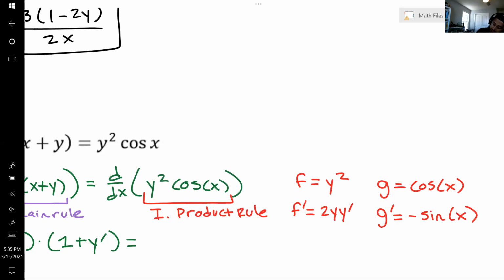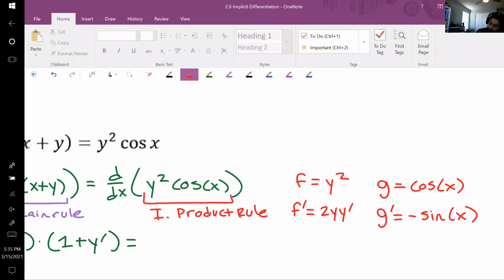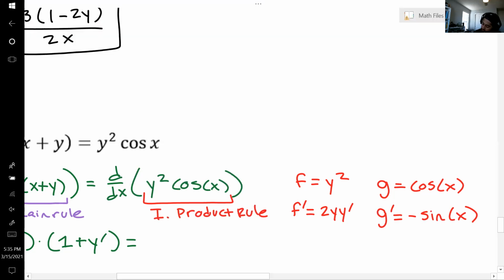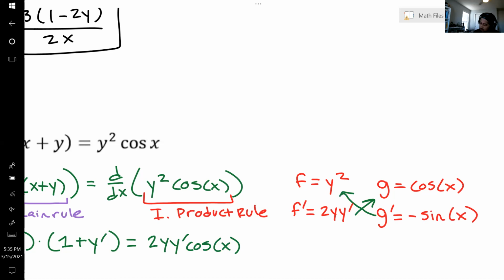Okay. So all we have to do now is finish up our product rule, and you'll have f prime g, which is 2y, y prime times the cosine of x, plus g prime times f, which is going to be y squared.